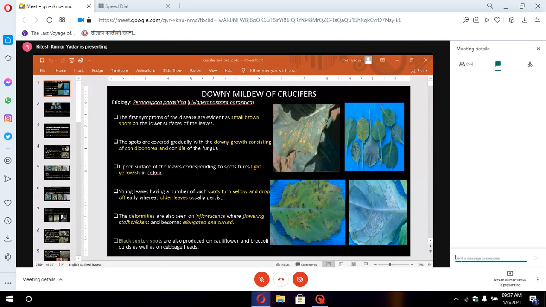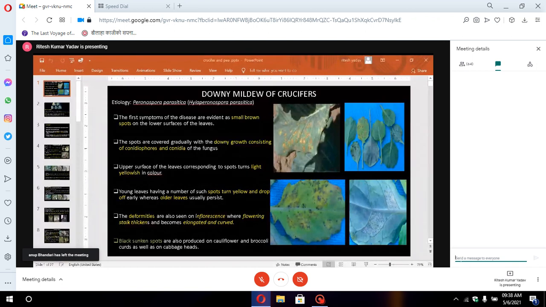Initially on the underside of the leaf, small brown spots are formed, and they are not usually vein limited. And on the corresponding surface of the area with brown lesions, yellowish spots appear.